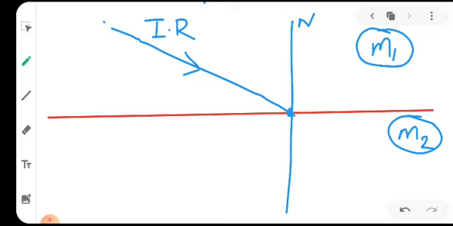at the point of incidence, when it enters the second medium, what happens?